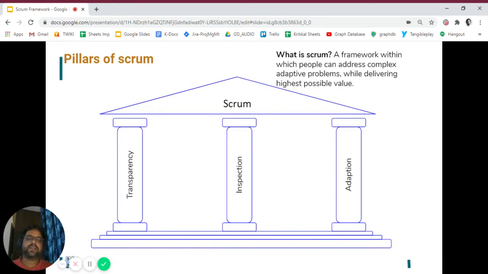Now, after doing the inspection, particularly in complex environments or complex problems, we require to change our requirement very frequently. For instance, let's take COVID as an example of a project.